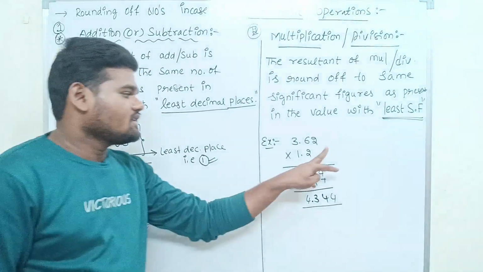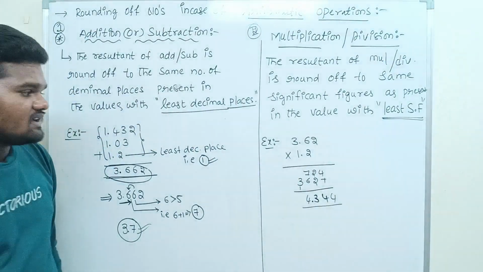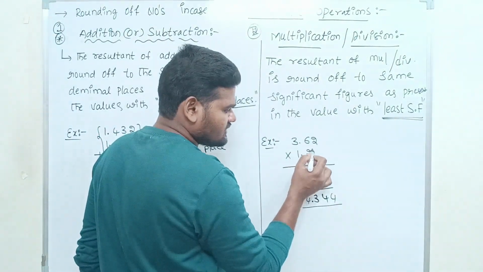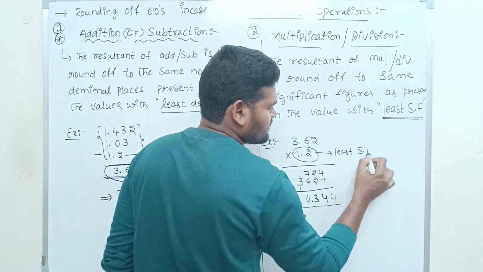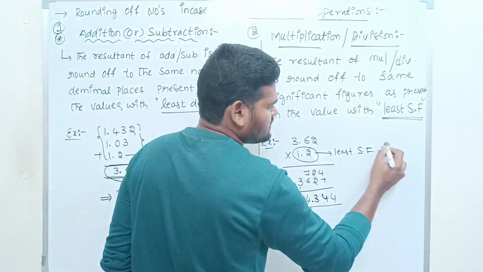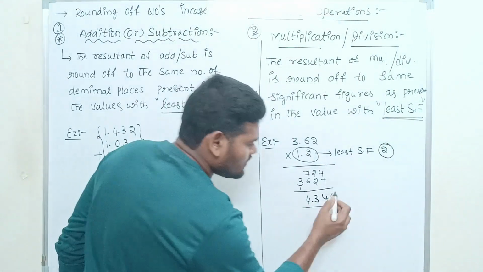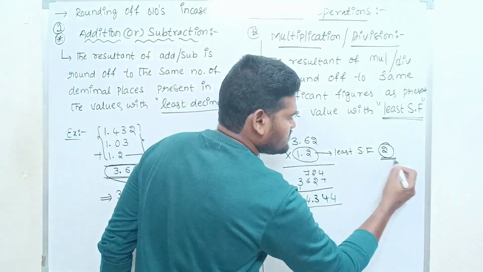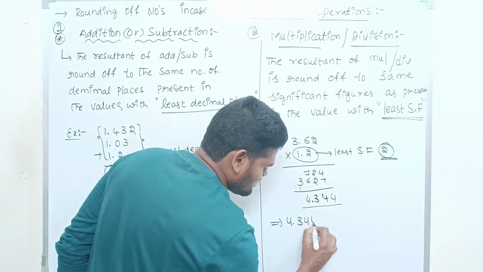Now what do we have to check? We have to check which value has the least significant figures. In these two numbers, 1.2 has the least significant figures. How many significant figures are there? It has 2 significant figures. So round off the resultant up to 2 significant figures. Take the resultant 4.344.